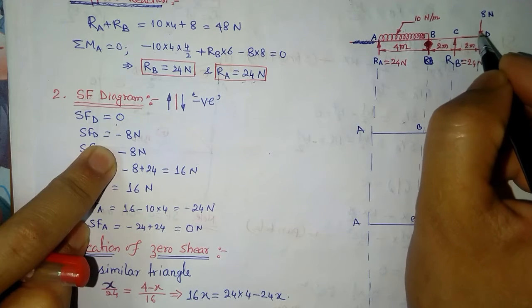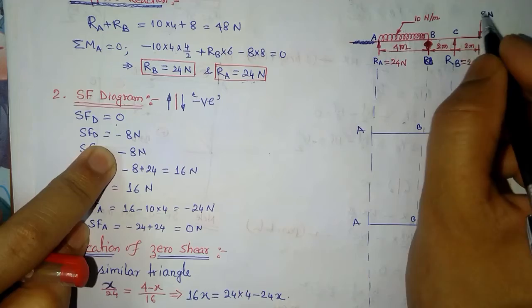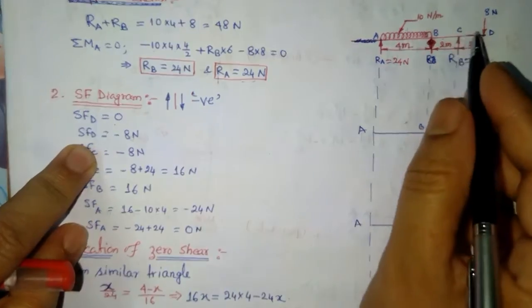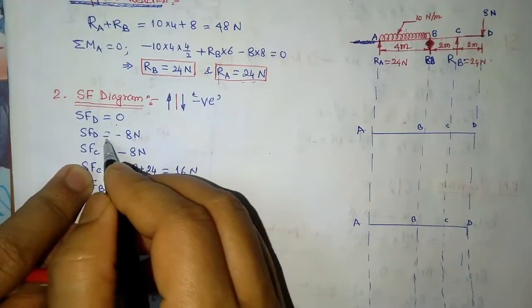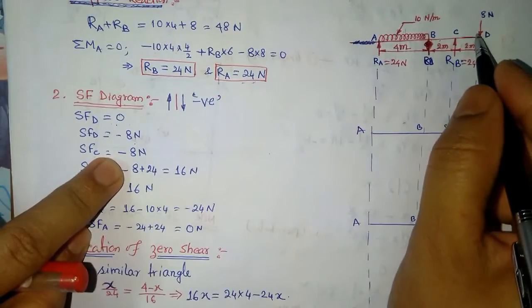First we will not consider this load, and the second time we will consider this load. So first SFD is equal to 0 without considering this load. Next SFD is equal to minus 8 Newton considering the point load.